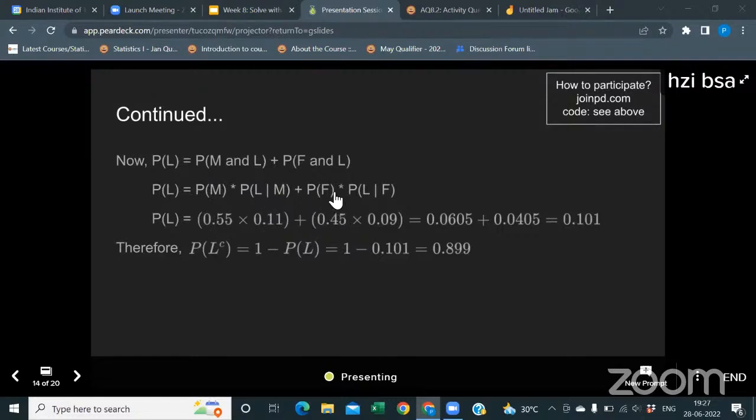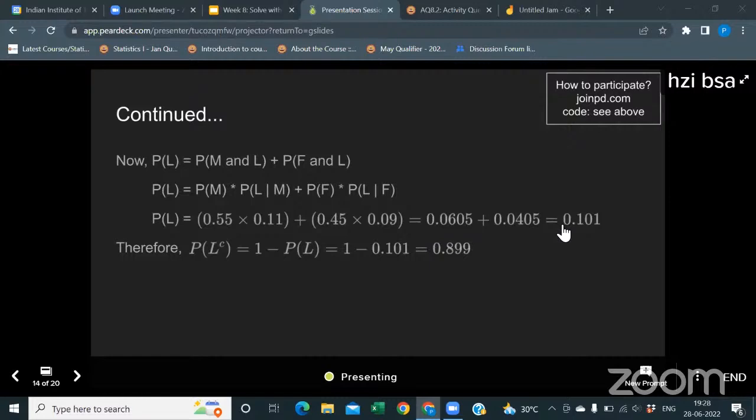Just multiply and calculate, and you will get 0.101 for the probability of the person being left-handed. We have to find the probability that the person is not left-handed, so we do 1 minus 0.101.